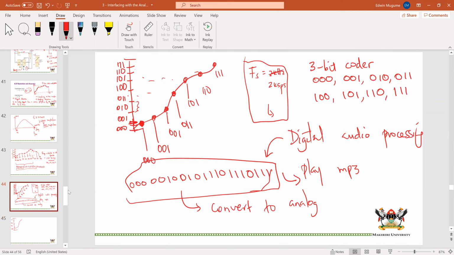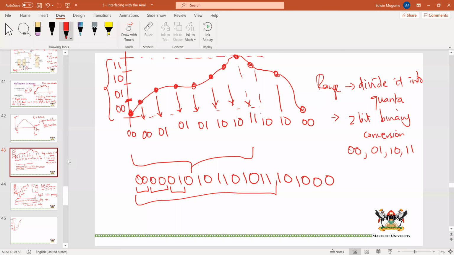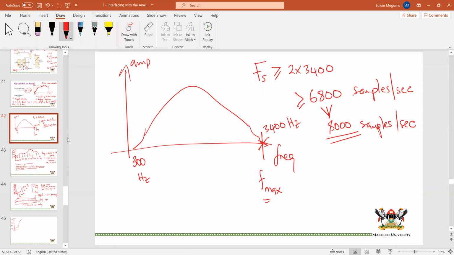I should mention here that when you use 2 bits, you see that the jumps are big. But if we had chosen to do 3 bits, we would have 2, 3, 4, 5, 6, 7, maybe 8 levels. You can see that the jumps would be smaller.